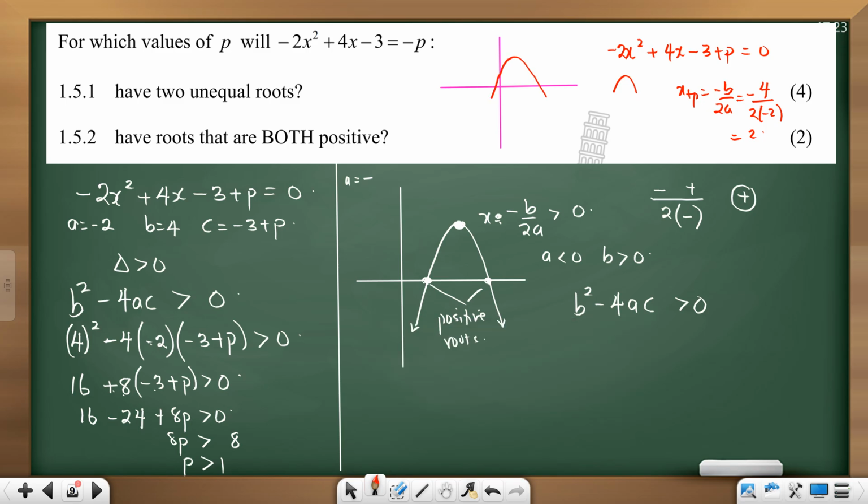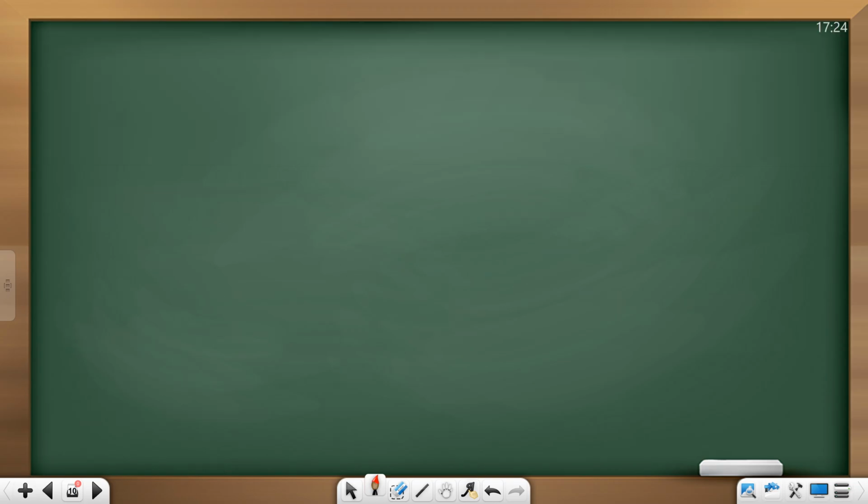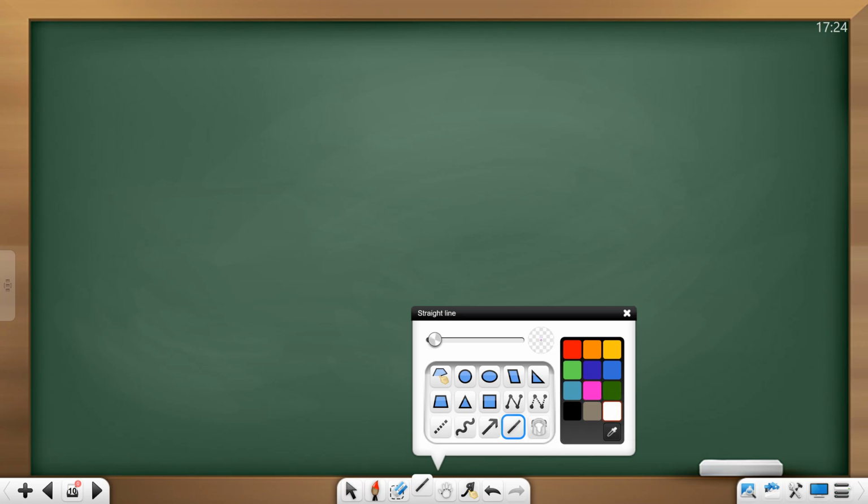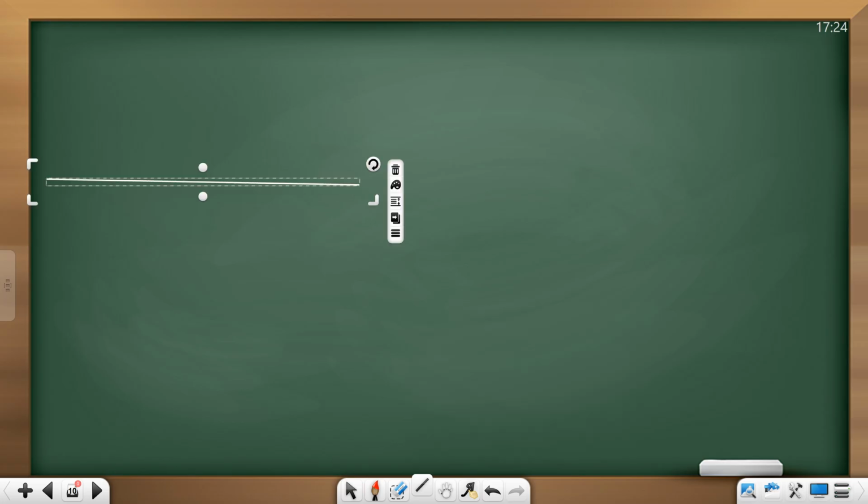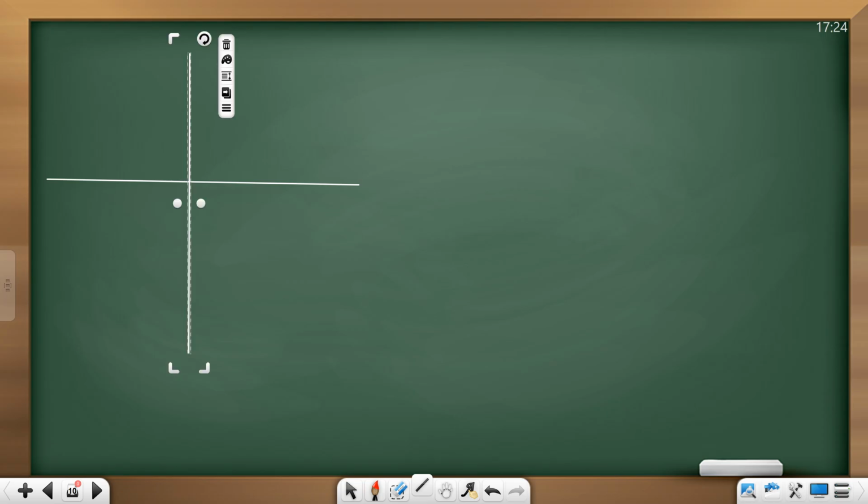Does that make sense? Oh, this is very interesting. Everybody look at that graph. If my c is positive, do you notice that I'll have one negative? Let me come to this page. I love this. This is very, very unique.